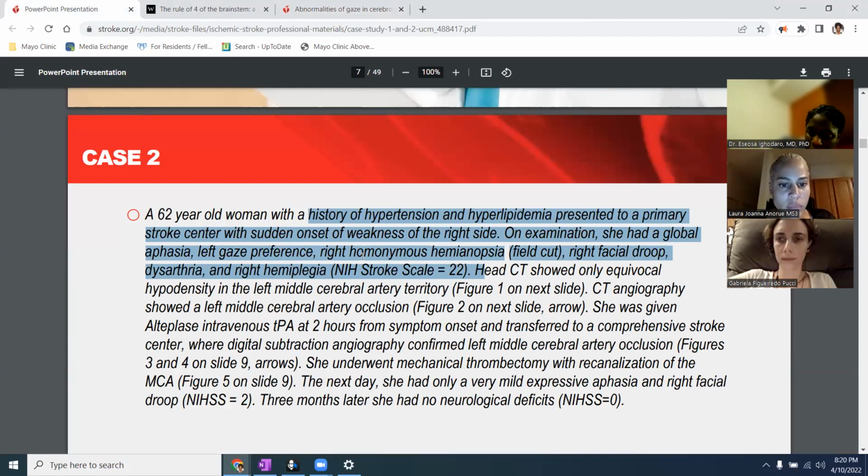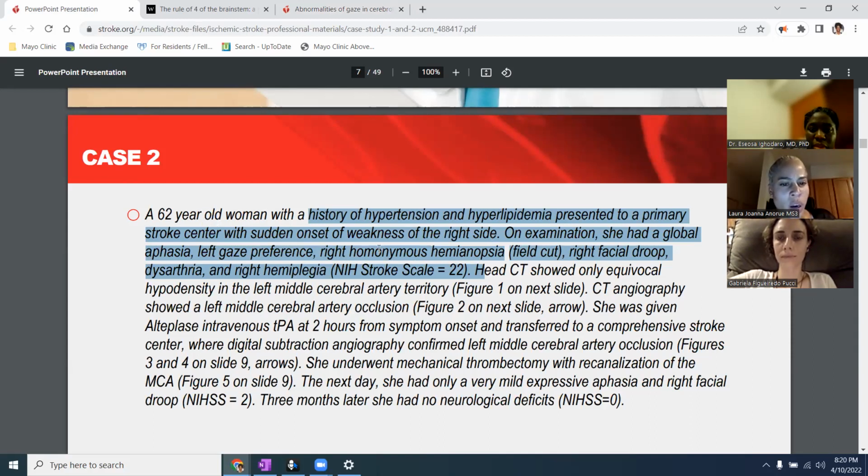She has temporal lobe, parietal, and MCA involvement. So she has at least MCA territory because of the right-sided weakness, but we don't know if it's her arm or her leg, so it could be MCA or ACA.